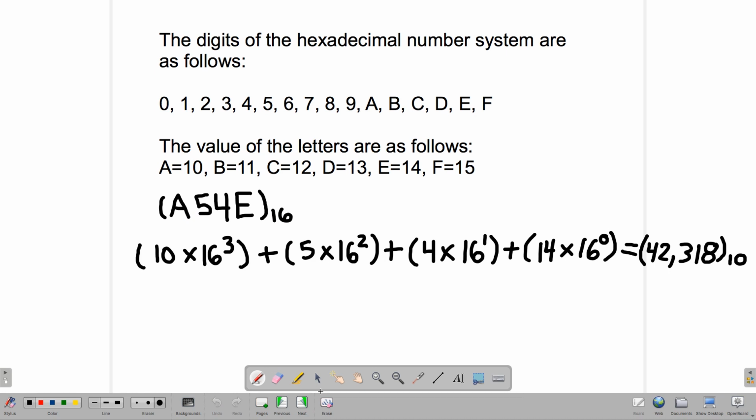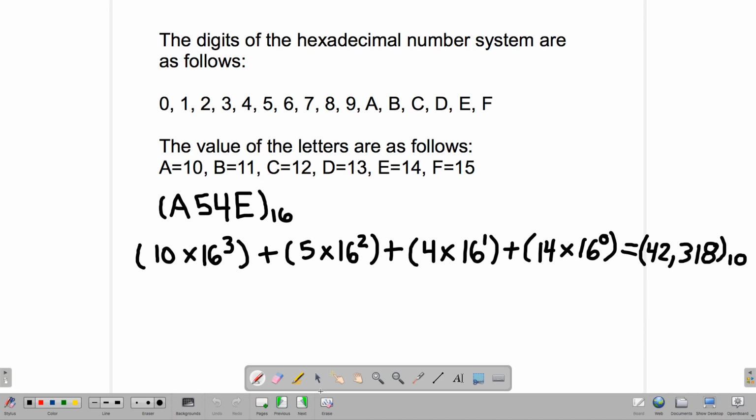The digits in the hexadecimal number system are as follows. We have 16 digits: 0, 1, 2, 3, 4, 5, 6, 7, 8, 9. And when we get to 10, you can't represent that because the decimal system only has the digits 0 through 9, so we have to replace that with letters.